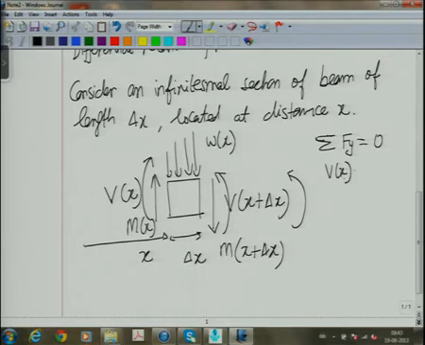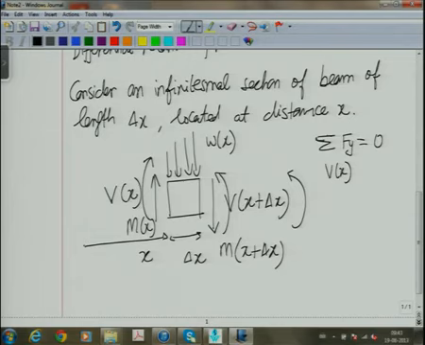V of x. Now the loading is W of x. What is the unit of W of x? Newtons per meter. So what is the effective load because of this W of x over this length delta x? It will be W of x multiplied by delta x.